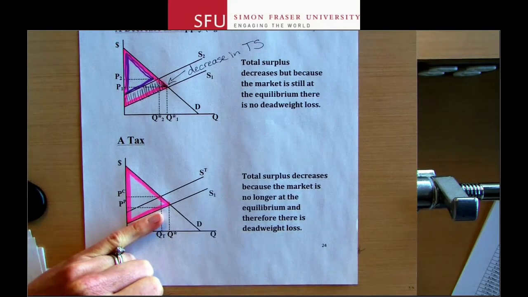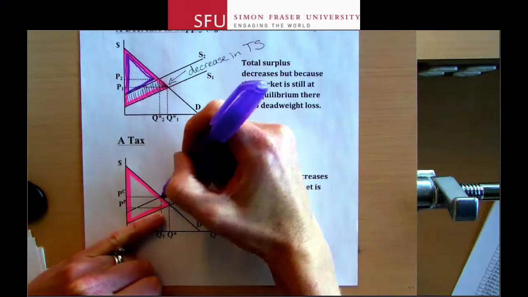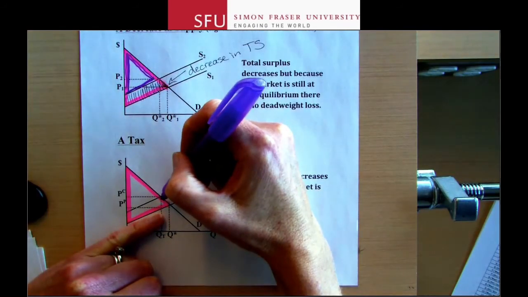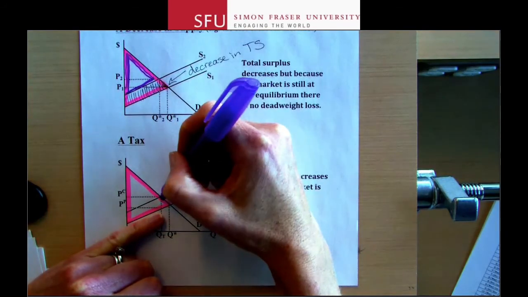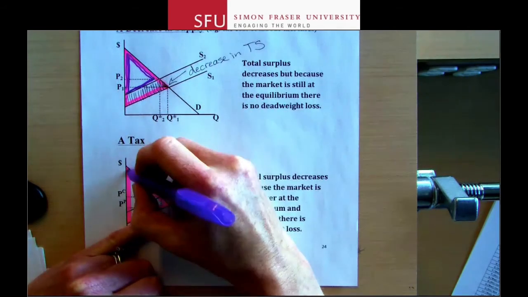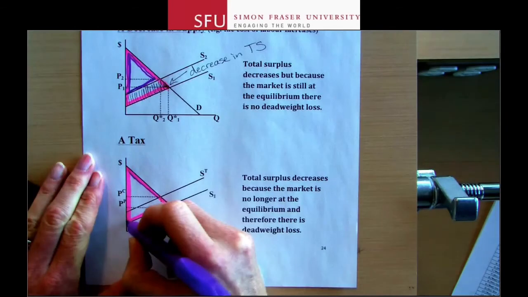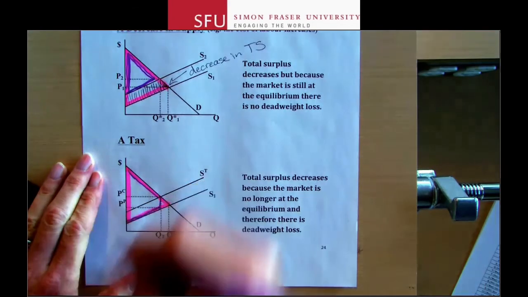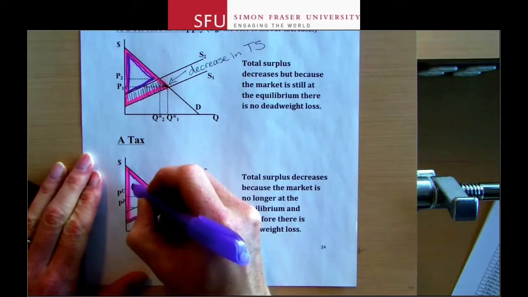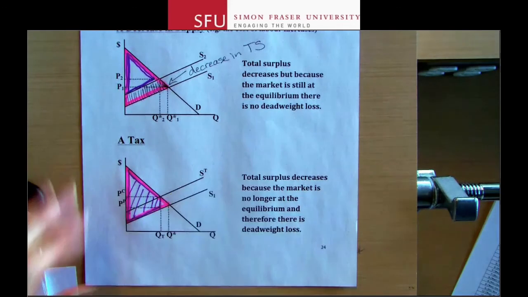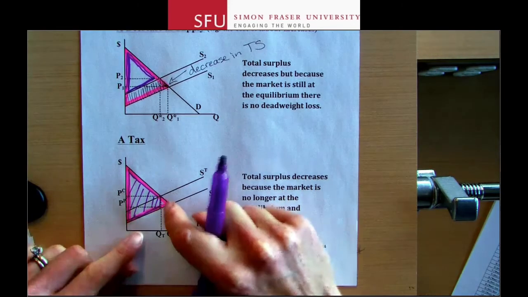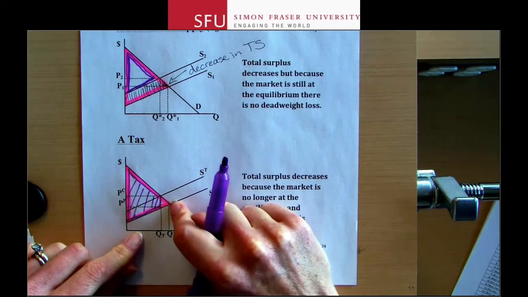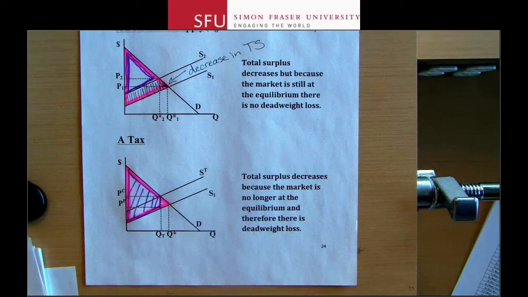The problem with the tax is that it raises the price and then consumers buy less. And so now the surplus only goes up to here. The surplus is still between the demand curve and the cost of production, but it only goes up to this new quantity here. So here's our new total surplus, which does not include that little triangle. So that is the deadweight loss.